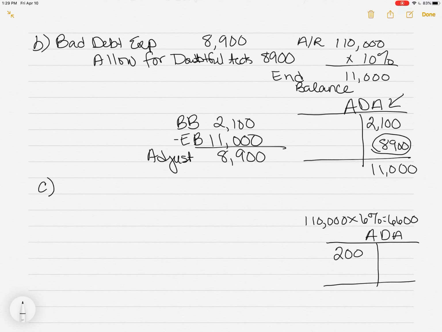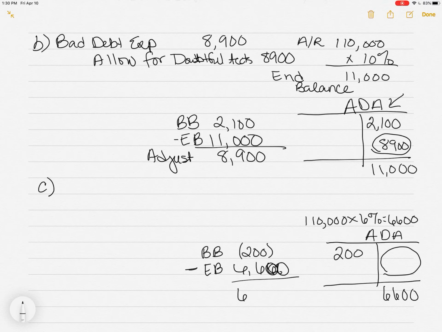Now again, this is the amount we want as the ending credit balance. So let's look at what kind of adjustment we need to put in our allowance for doubtful accounts to get to that amount. We can also look at it the same way we did before, our beginning balance, but now because we have a debit, we're going to have that as a negative. We're going to subtract our ending balance of 6,600, which gives us an adjustment amount of 6,800.